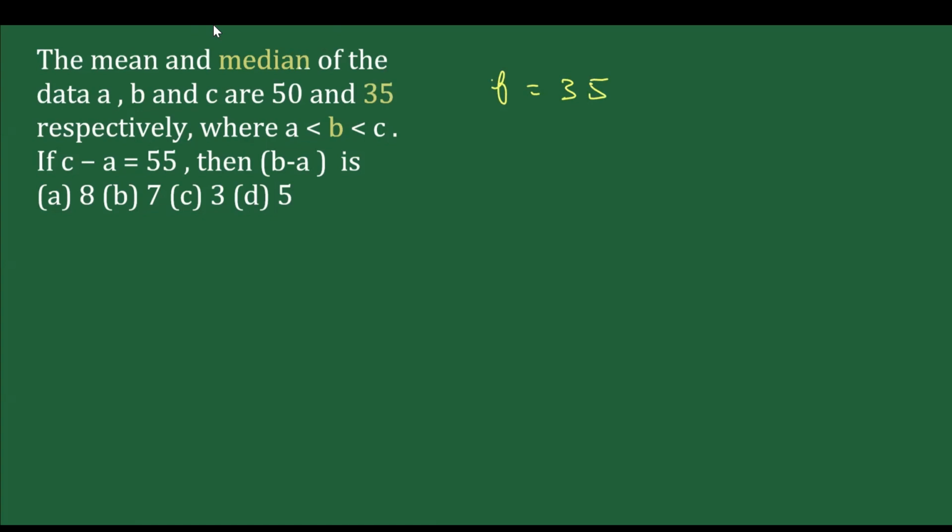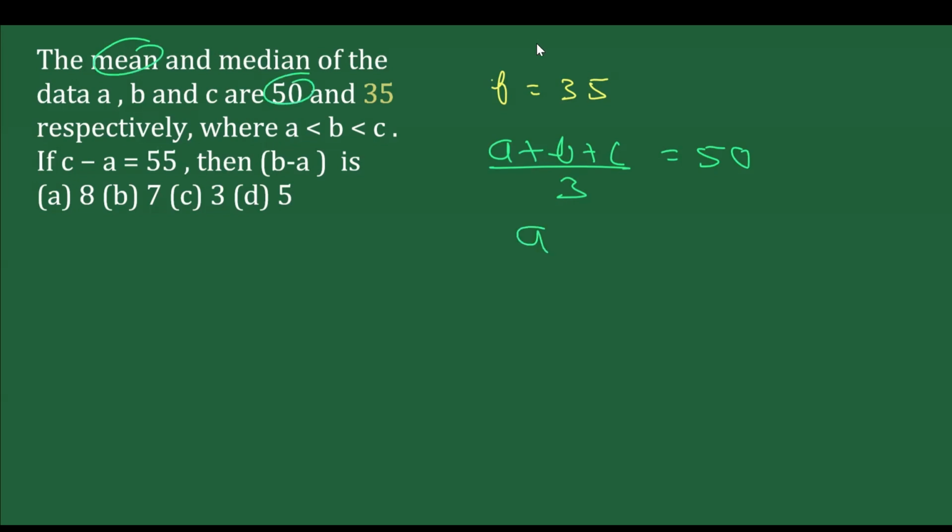Now let's obtain the other relation, that is the mean. Mean is the sum of all observations divided by the total number of observations. There are three observations, and the mean is given as 50.